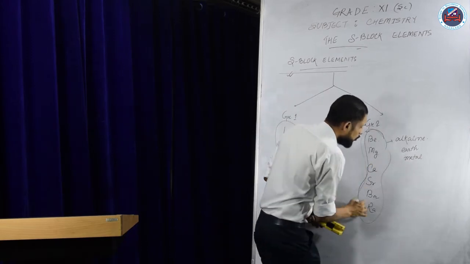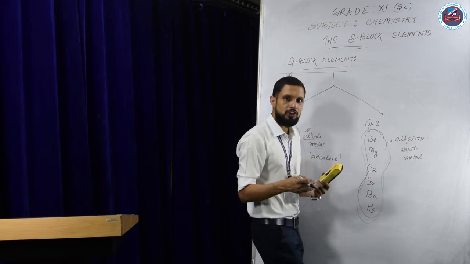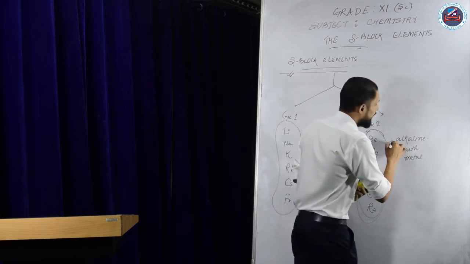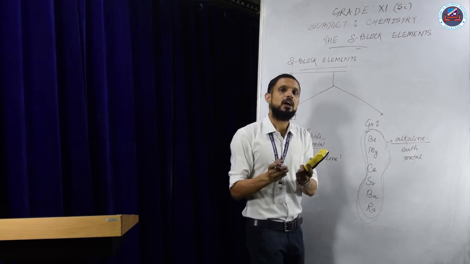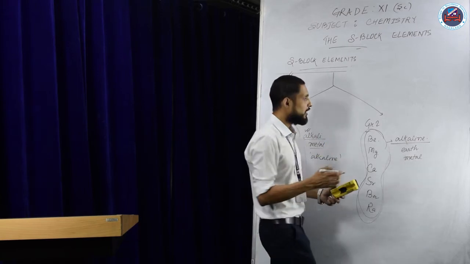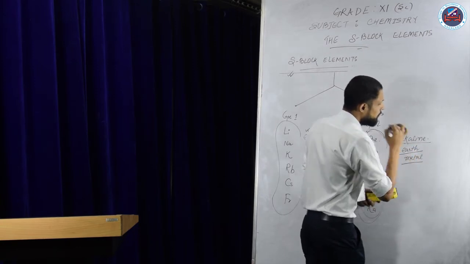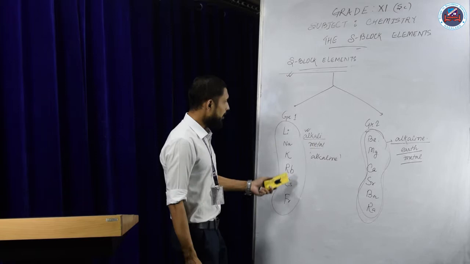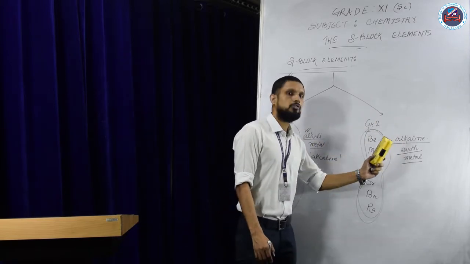Group 2 metals, their solution is also alkaline in nature. And they are also found deep inside the earth crust. That's why they are known as alkaline earth metal. So group 1, alkali metal. Group 2, alkaline earth metal.